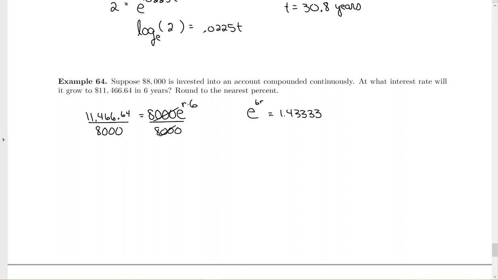If you round, you'll be surprised at how much you're going to be off in your final answer. Rewrite it because it's an exponent, so use the word log base e of 1.43333 equals the power, but we know log base e is really natural log.